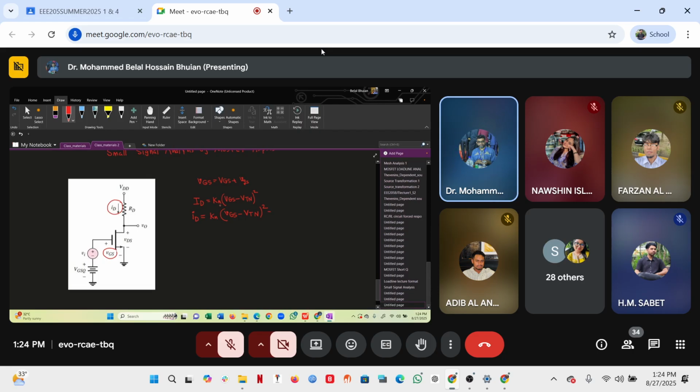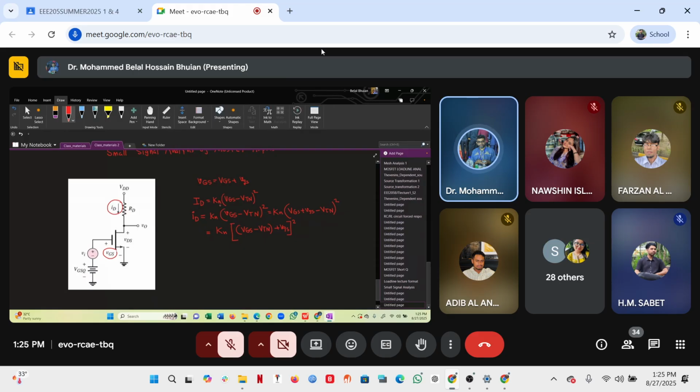We expand it. Kn (vGS minus VTN) whole square, where vGS can be written as large signal VGS plus small signal vgs. Then we get Kn ((VGS minus VTN) plus vgs) whole square.